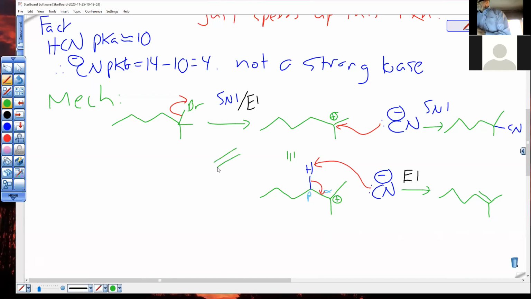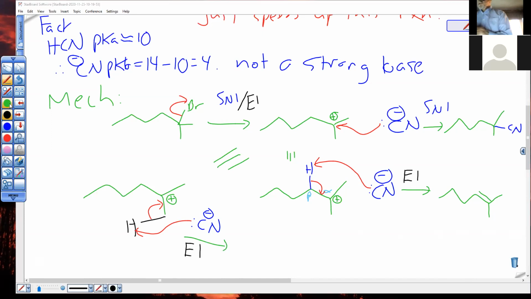Just go double bond here too. And we have the cation here. Either one of these positions has beta H's as well. And you'll make even smaller amounts of this. And that would be the E1 from that position.